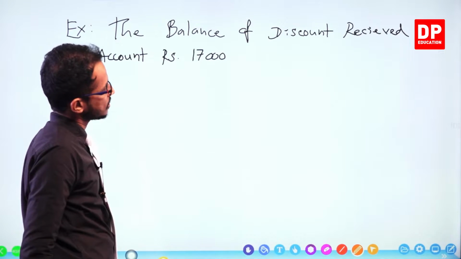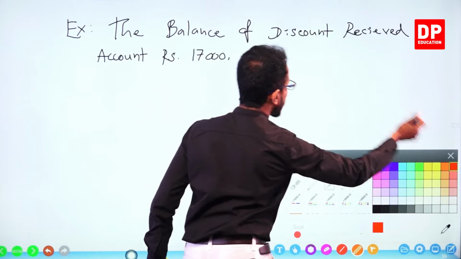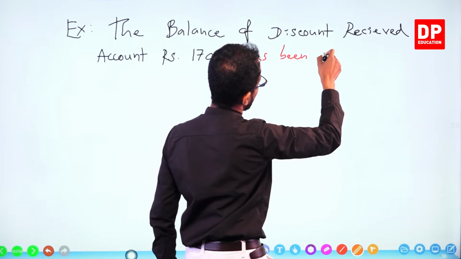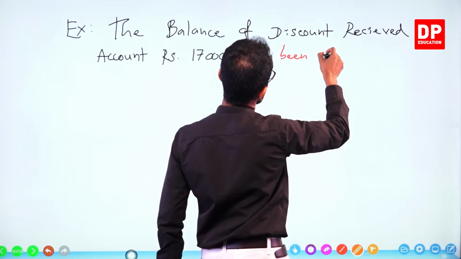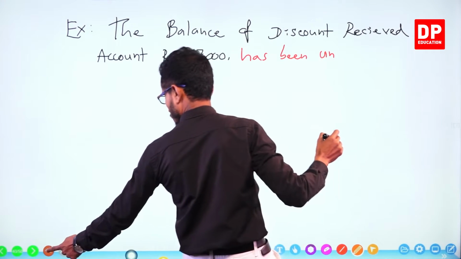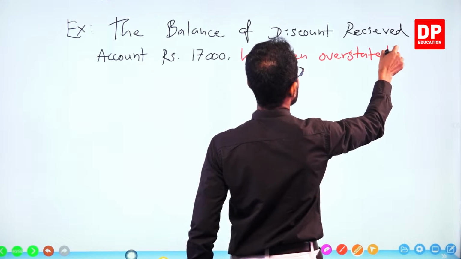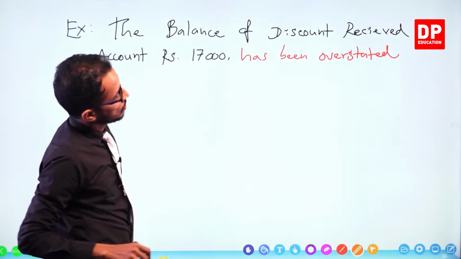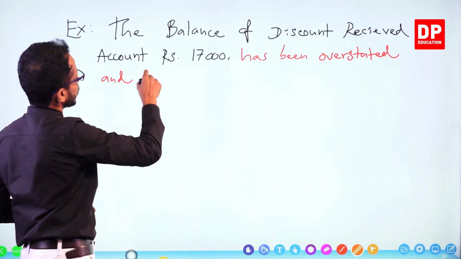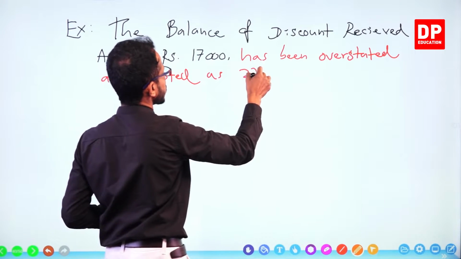The balance of the discount received account rupees 17,000 has been understated, no, overstated, and posted as 27,000.